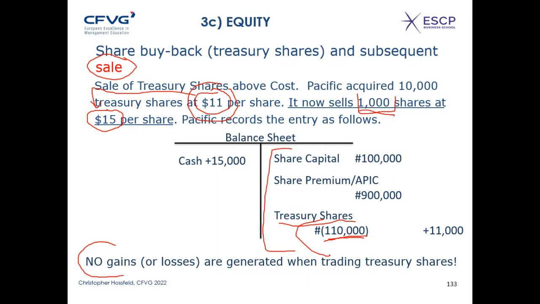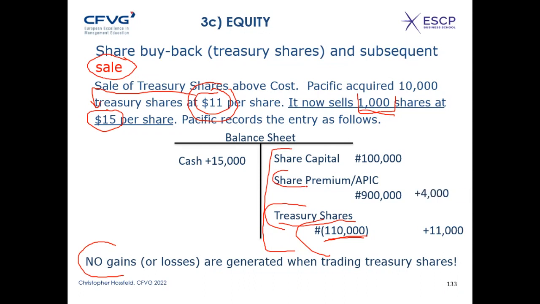So in other words, I increase my cash position, I increase my treasury shares position by plus 11. Any difference between the selling price and the book value of my treasury shares, which is 11, is considered as a share premium. So here the share premium is positive.